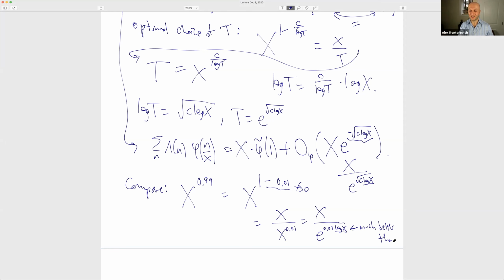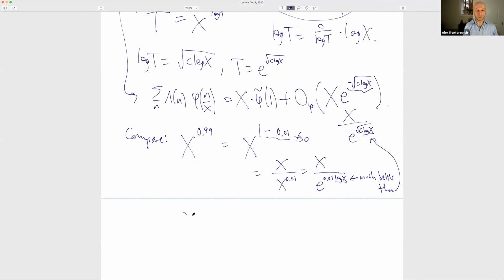Much better than that. But if all we could prove is a bound like x over log squared x, which is the naive prime number theorem, this is the same thing as x over e to the log of this, which is 2 log log x. Do you know the one about the drowning number theorist? Not all of you know it.